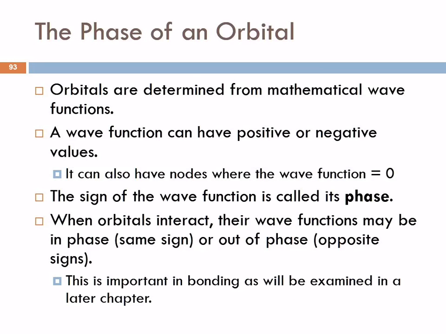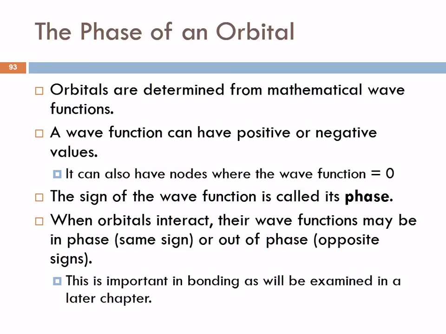So these orbitals, these funky shapes, are determined from mathematical wave functions. And those wave functions can have positive or negative values. Just like when we looked at the standing wave on the string, the wave goes above the middle line and it goes below. And there are also nodes where the wave function is 0. The sign of a wave is called its phase.